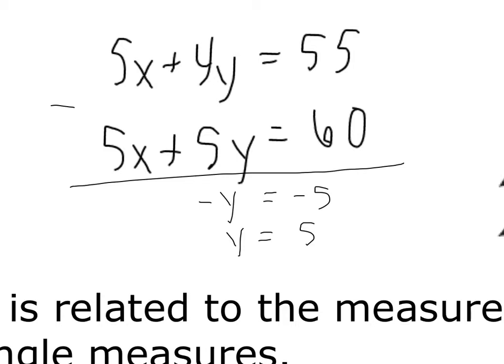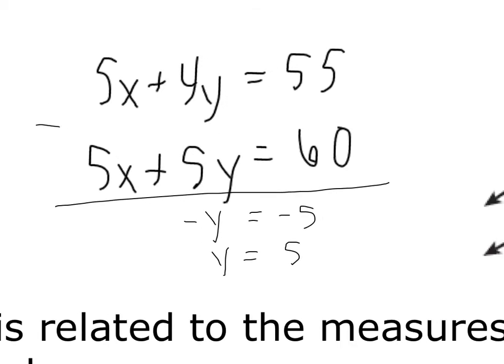Okay, so if we want to do that, we can plug our y into either here or here. It doesn't really matter. We'll plug it into the bottom one. Okay, so we'd have 5 times x plus 5 times 5 equals 60.